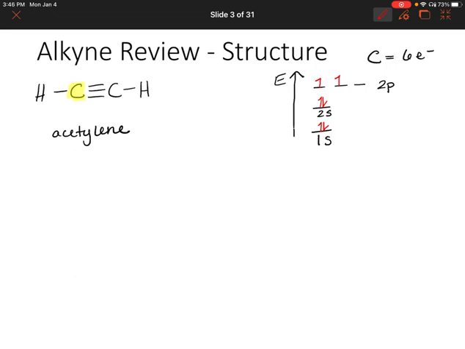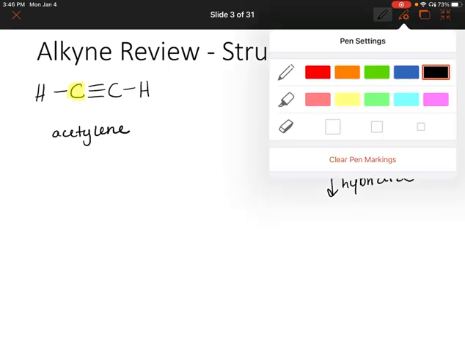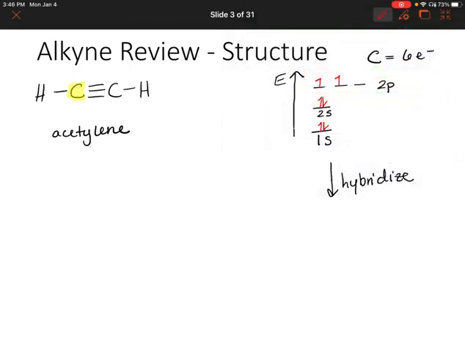Okay, now this doesn't really explain how carbon is bonding here. So instead of using this particular orbital diagram, so the atomic orbital diagram, we're going to hybridize our orbitals. So what we can do is first we want to figure out what is the hybridization of our carbon in the acetylene molecule.